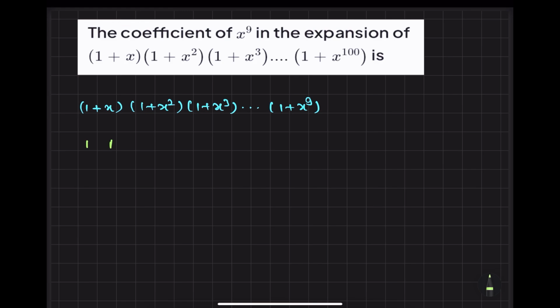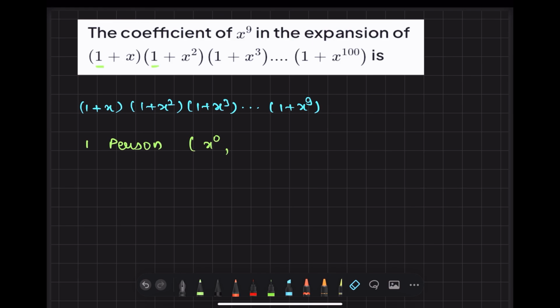Okay, one person, and this one person means I will consider x power 0 as well. Okay, so I'll consider x power 0, means this person, this person, this person, one from every team. First element of every team, correct, no?